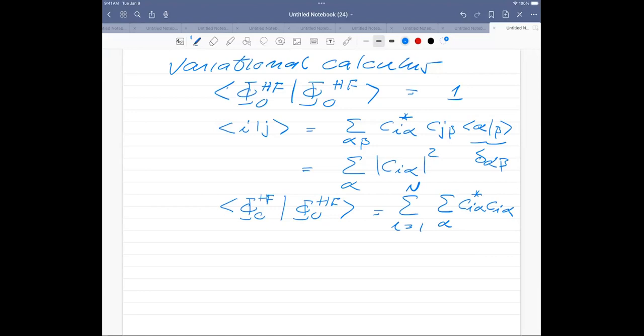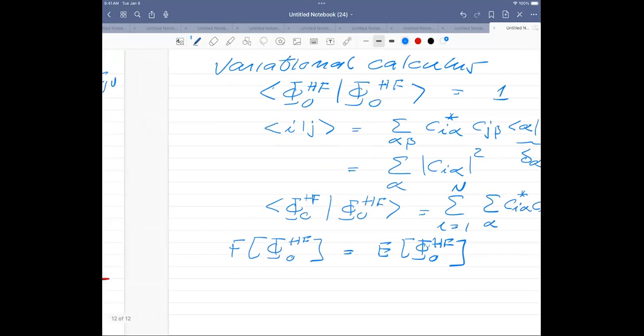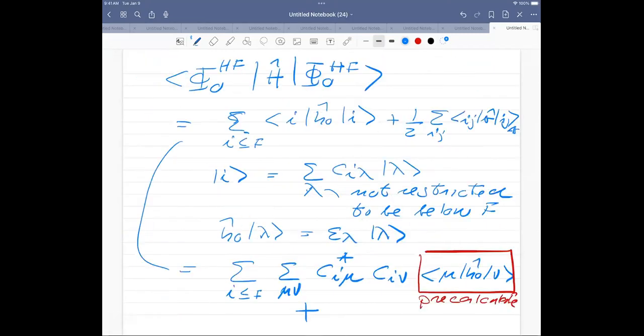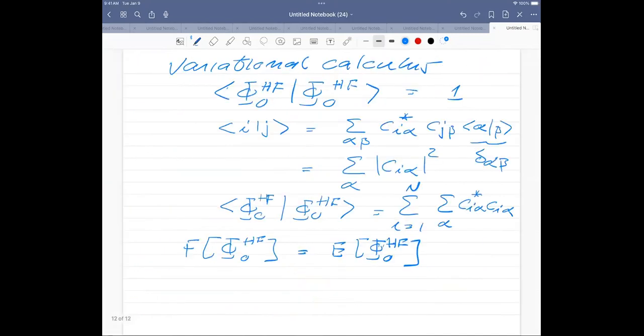So when I'm setting up my variational calculus, I'm going to define a functional F, which is a function of the Hartree-Fock trial state for the ground state. And that will be given by the energy, which we calculated in the previous lecture, given by the equations which we had here. So this term here. And then we need to subtract this term with a Lagrange multiplier.